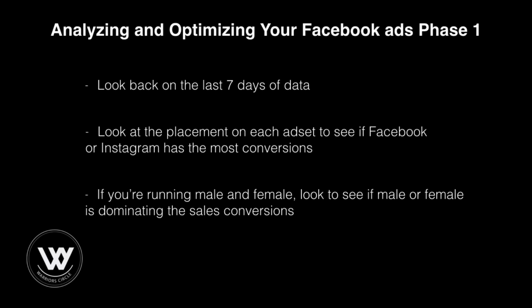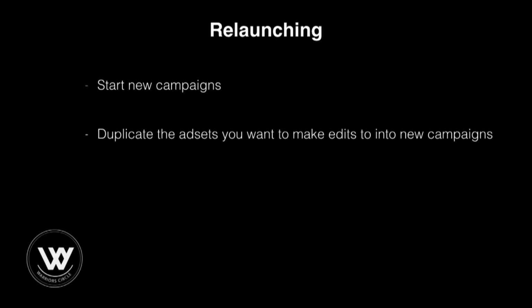So when I go to relaunching the ads, I do it a little bit differently. Starting a new campaign is extremely important, but the way you start it is going to have you making as few errors as possible. The way that I do that is I duplicate the ad sets you want to make edits to into a new campaign.